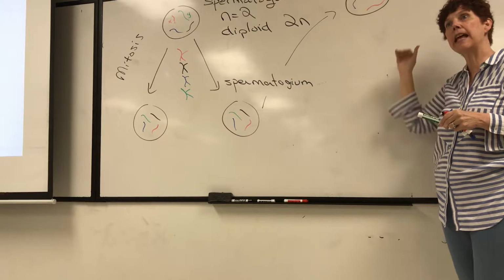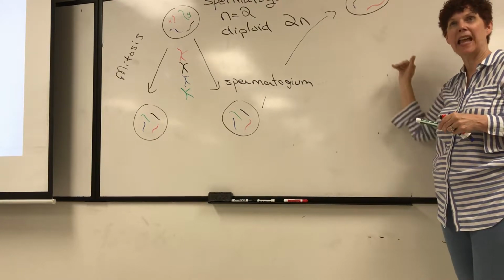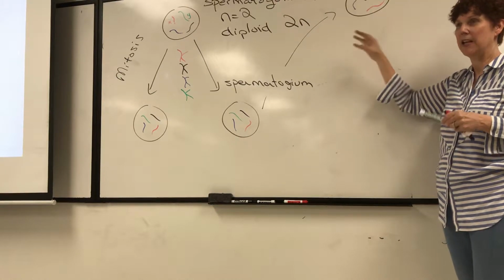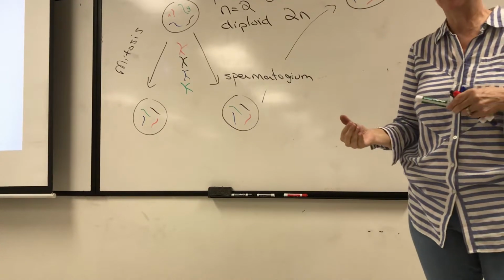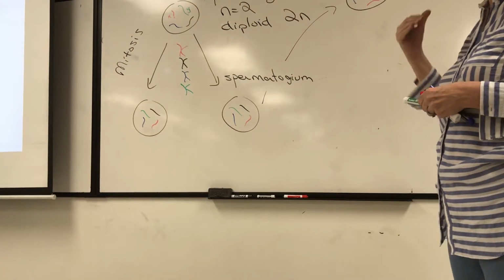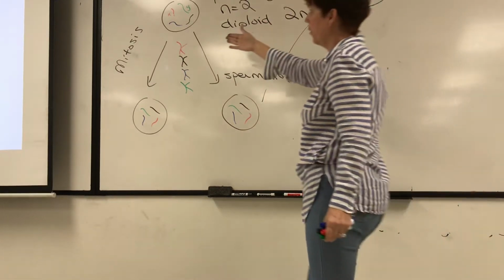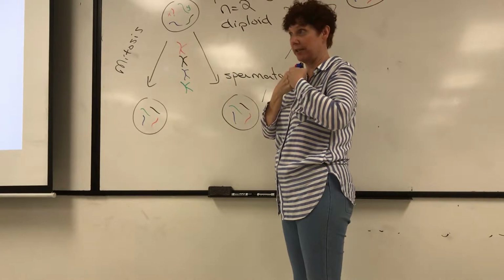There is no cell division that occurs between a spermatogonium and a primary spermatocyte. The changes are chromosomal. So it's getting ready for its first meiotic division. So to do so, it's going to replicate. It's going to duplicate the chromosomes again. We're going to form sister chromatids, but they're going to stay attached to each other.